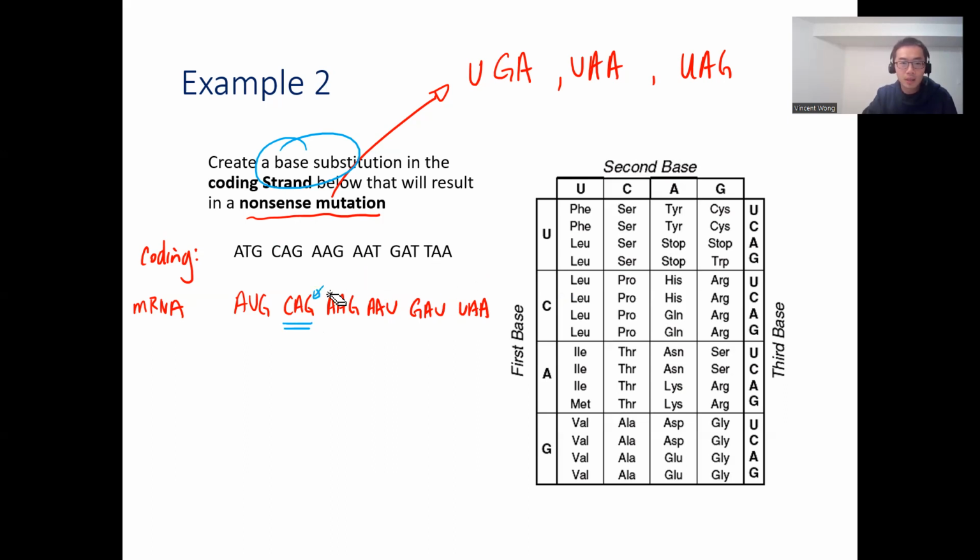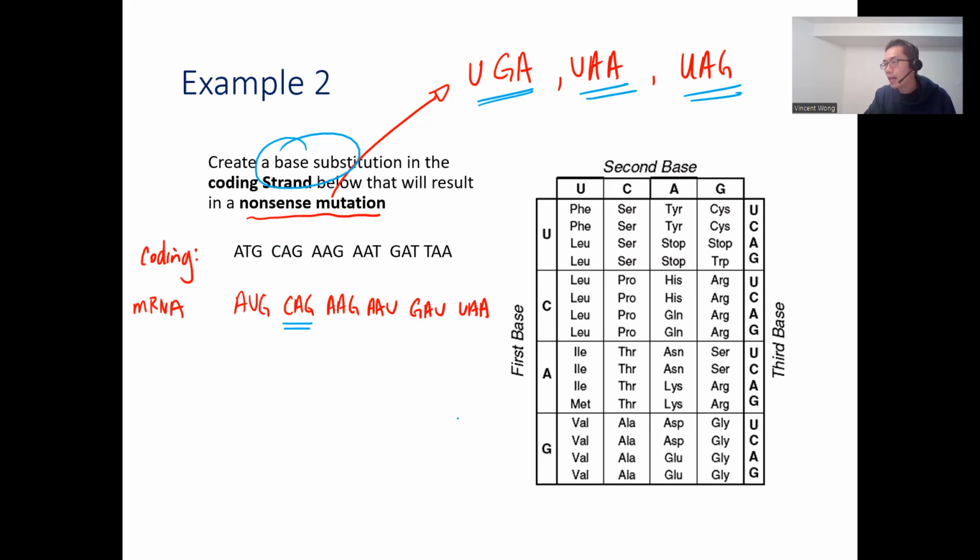A. Okay, but if you do that, you are going to end up having CAA, right? Is CAA a stop codon? It's not. These are the stop codons. You got A, you're good. That's how you remember it. So I need it to be one of these, but good try.